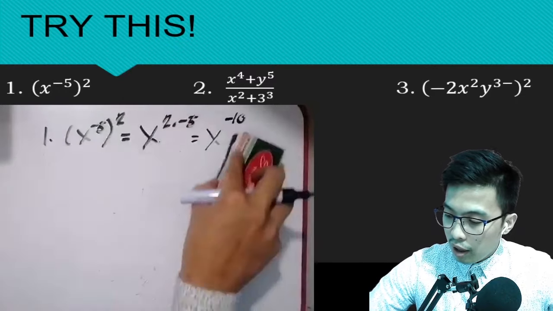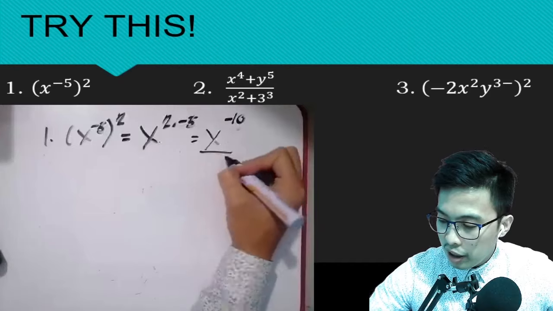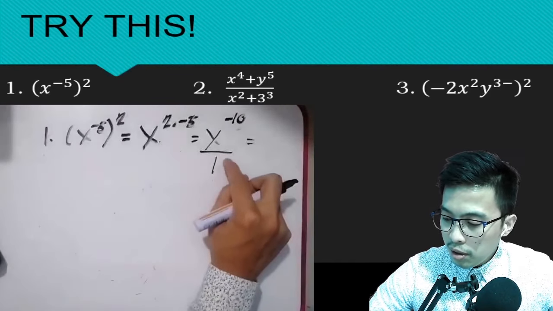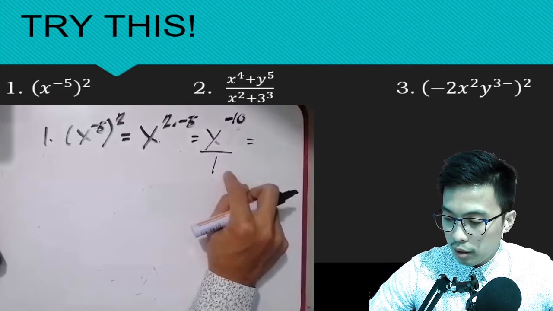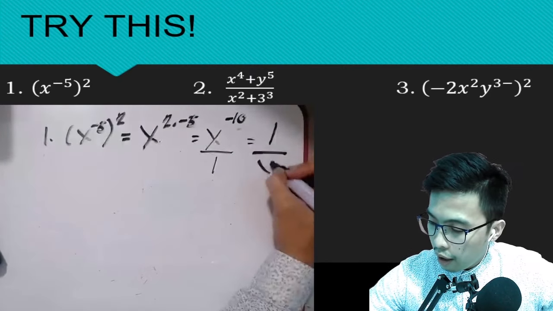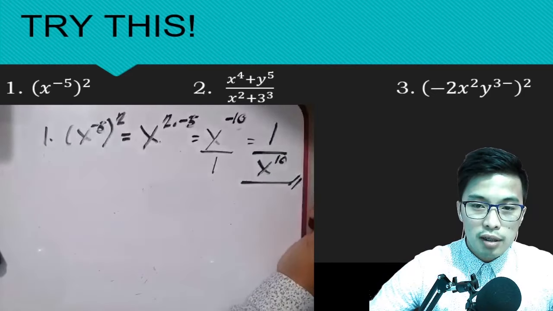So gagawin natin dito is, since meron siyang imaginary 1 dito, okay? So, ang gagawin natin, kukunin lang natin yung reciprocal niya. Okay, yung inverse. Yan. So, this will be 1 over x raised to the power. Okay? So, di ba?